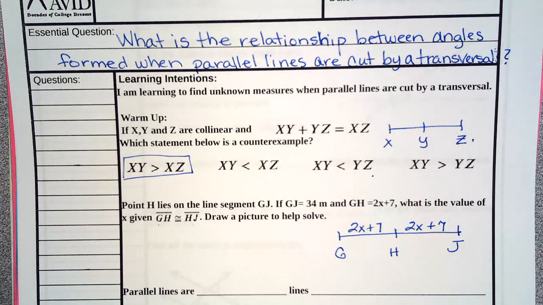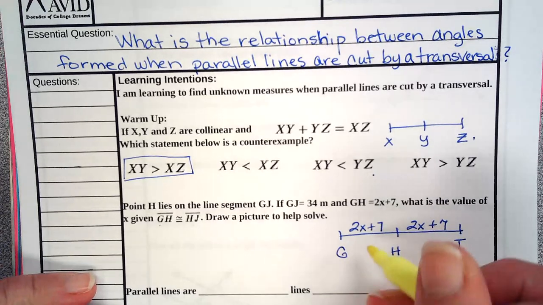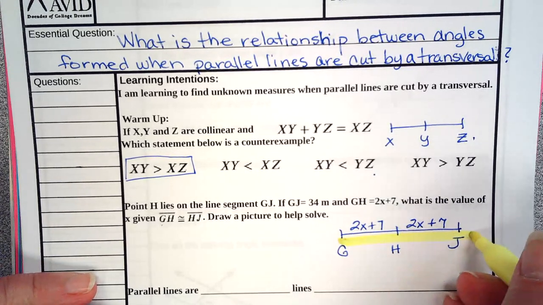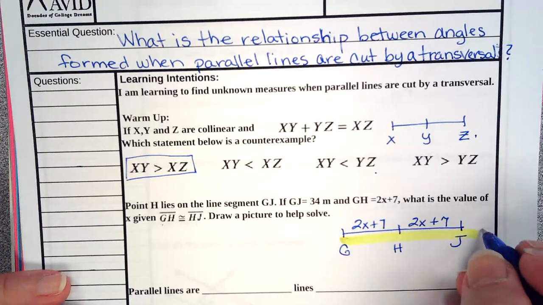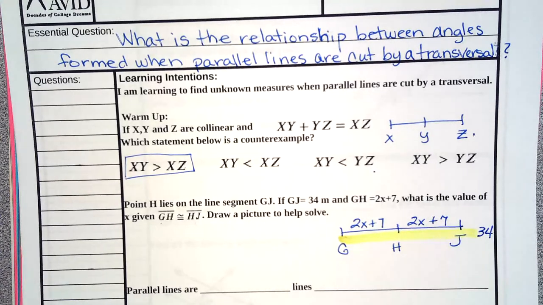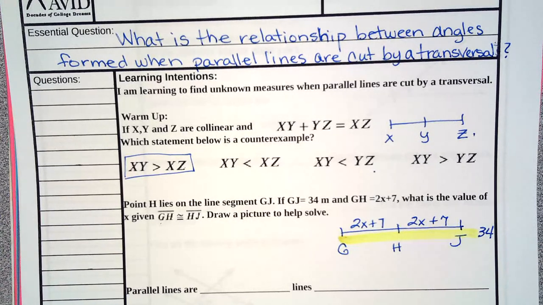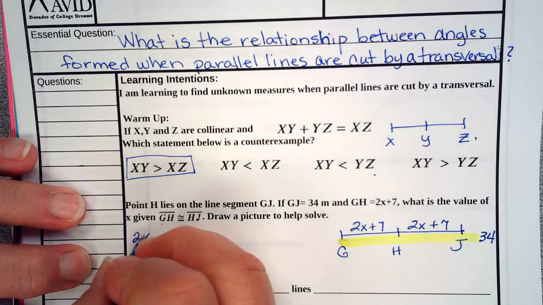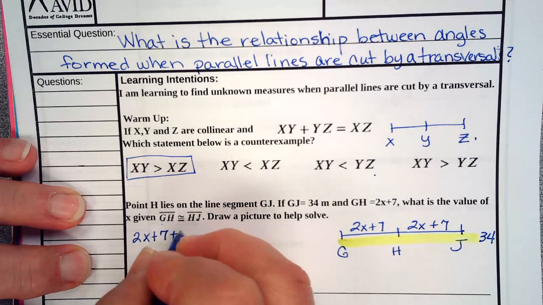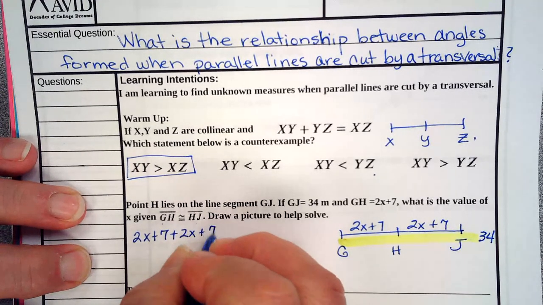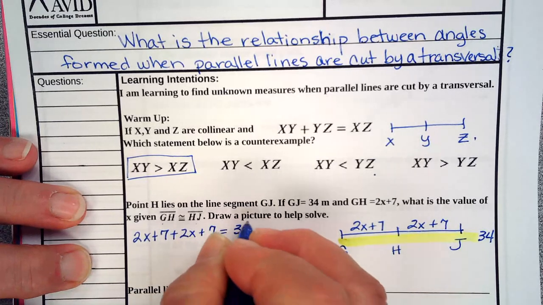But we also know that this whole thing is 34. How do we use that? Well, piece plus piece makes a whole. 2x plus 7 plus 2x plus 7 is equal to 34.